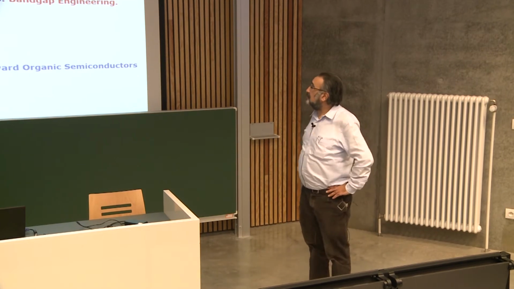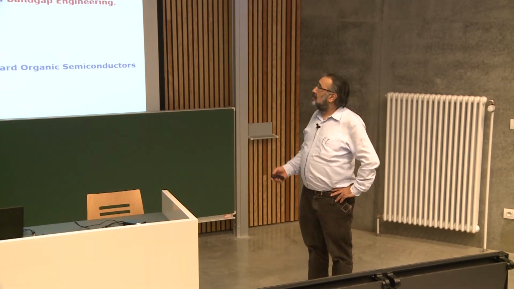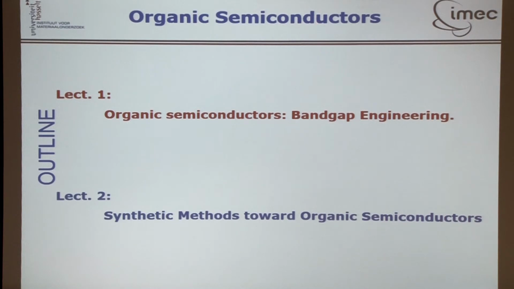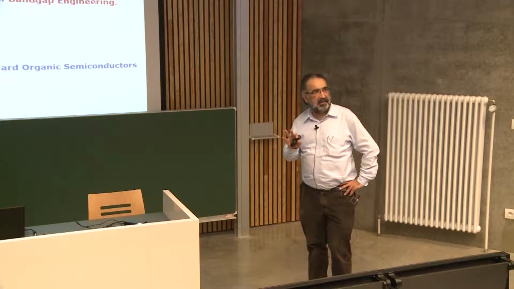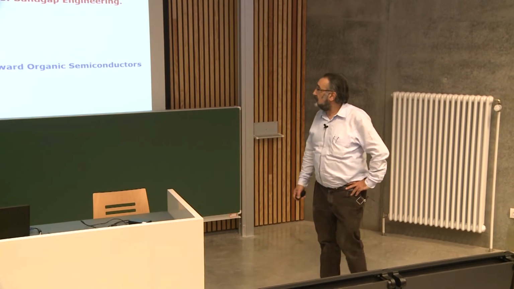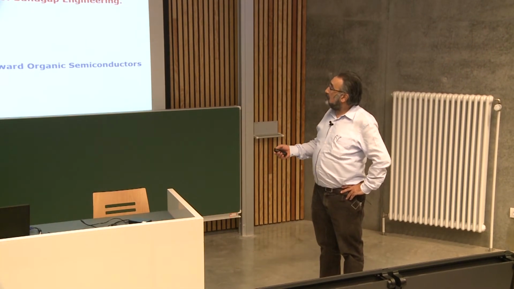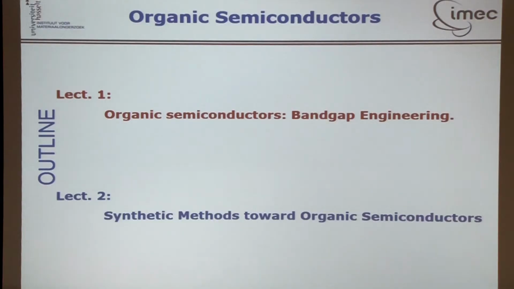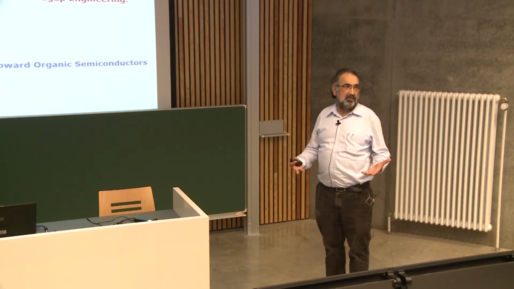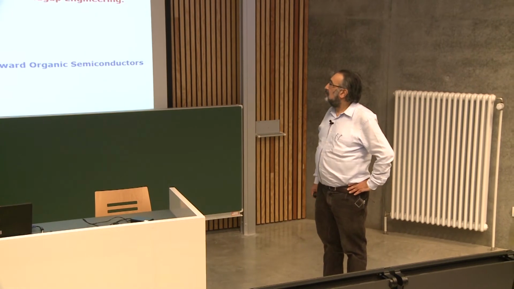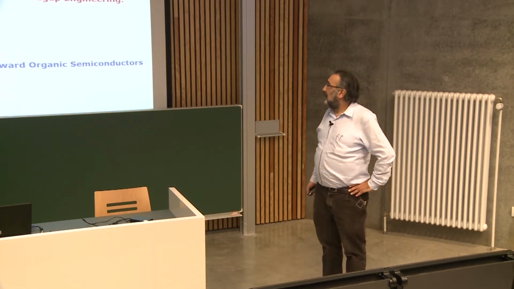So this first tutorial will deal with organic semiconductors, and we will look at a very specific class of organic semiconductors. I have foreseen two parts. The first part relates mainly to a few essential concepts that we need to characterize organic semiconductors.